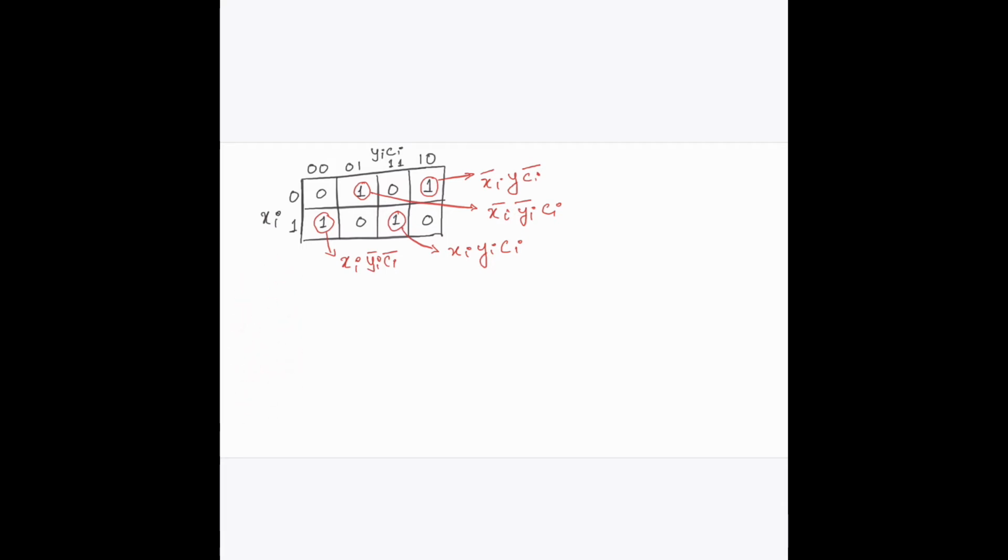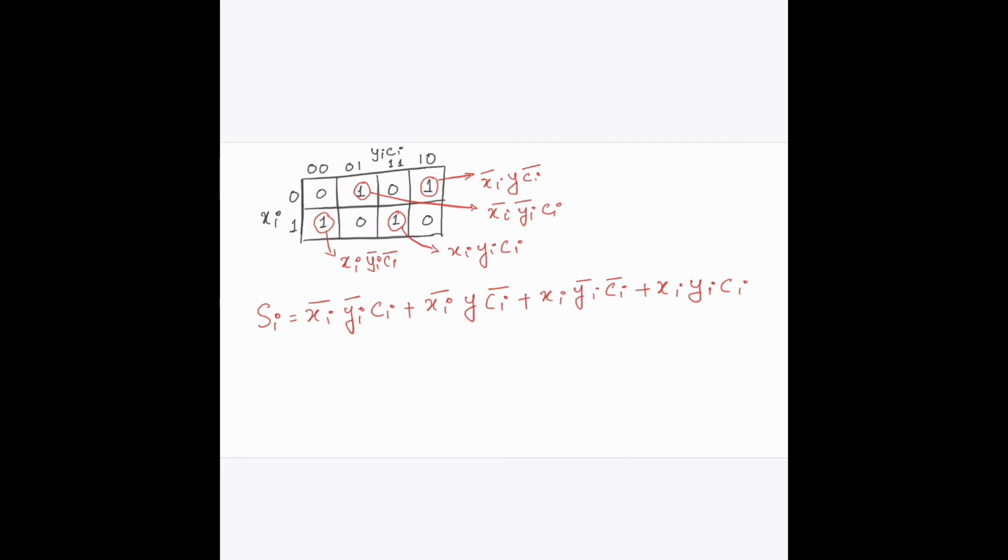In order to find the final result, this can be written as Si is equal to xi bar yi bar ci plus xi bar yi ci bar plus xi yi bar ci bar plus xi yi ci.